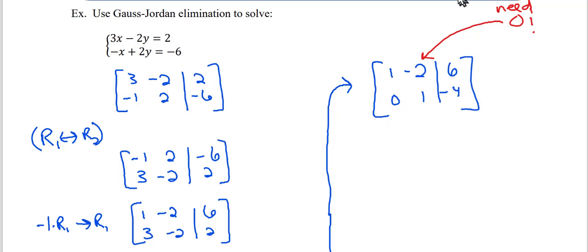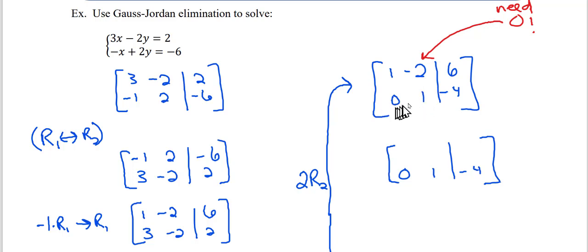The way I get a 0, first of all, I want to leave that bottom equation. Notice that bottom equation is saying 0x plus 1y is equal to -4, which simplifies down to y equals -4. The way I get rid of this -2 and turn it into a 0 is I multiply the opposite by the row that has the 1 in it.